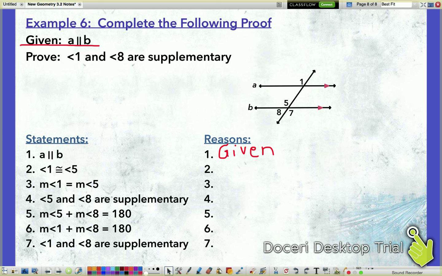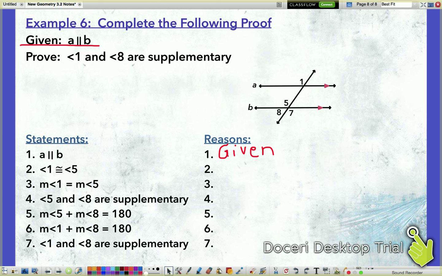Now it tells me 1 is congruent to 5. Look at what kind of angles those are. 1 and 5 are corresponding angles. What does that mean? Well, we know that they're congruent because Theorem 3.2 tells me they are.